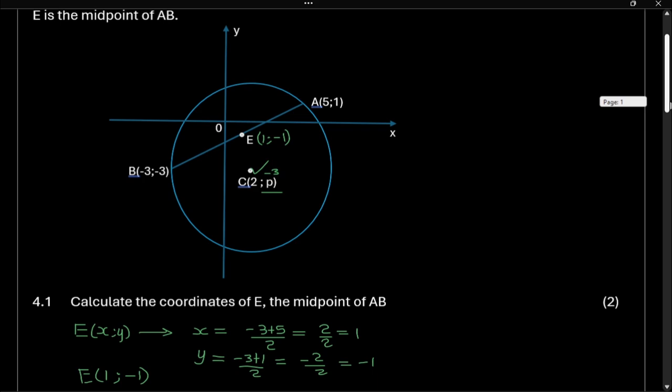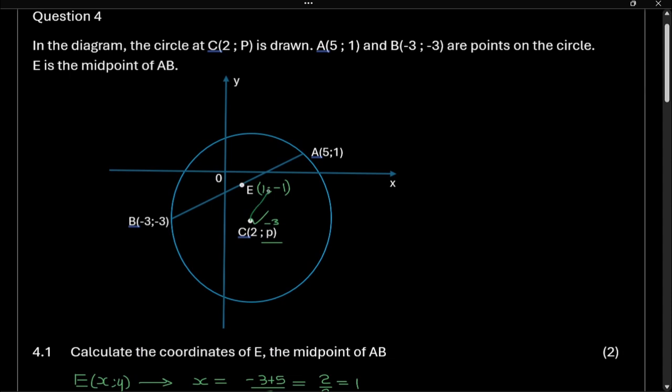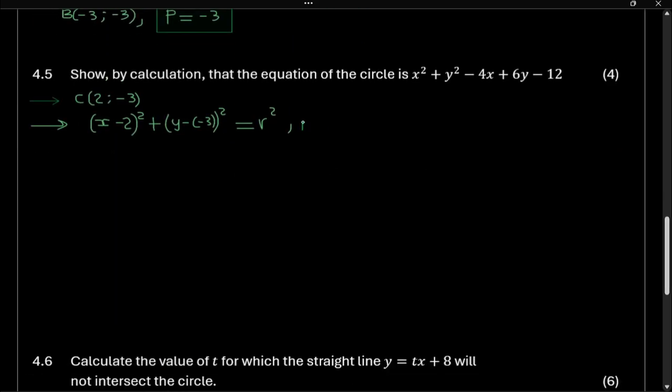C has coordinates 2, -3, and we have x minus the x coordinate of the center, squared, plus y minus the y coordinate of the center, squared, equals the radius squared. So we have the center, and then we need to find what the radius is.